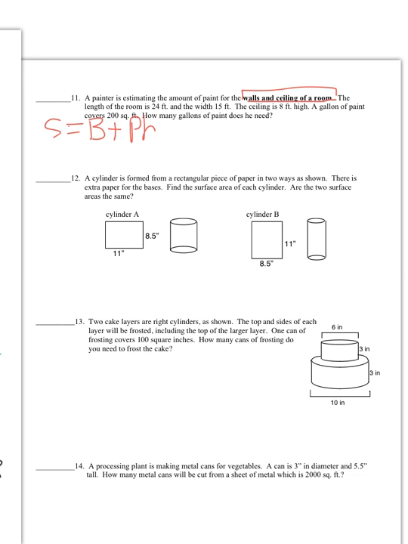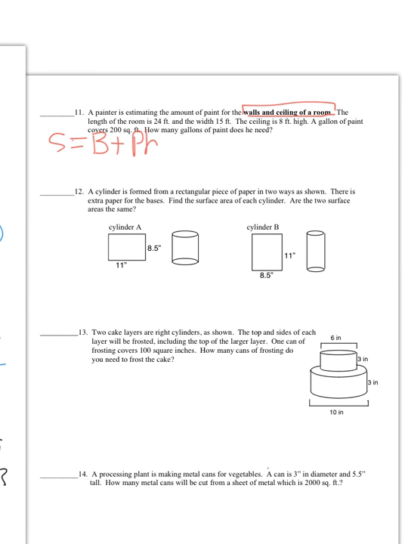We'll do our side calculations over here. First of all, we'll be finding B. Big B is 24 times 15 equals 360. And then big P is the perimeter of the base, which is going to be 2 times 24 plus 2 times 15 equals 78.